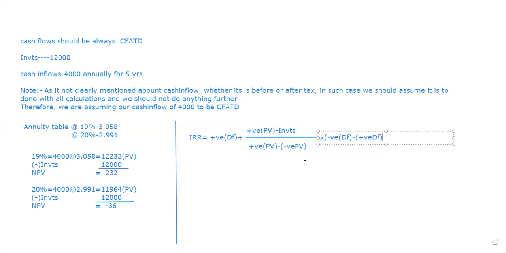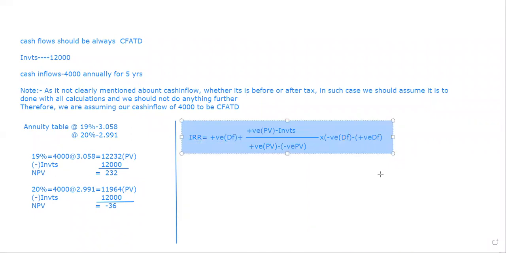So this is the formula which you need to memorize very carefully. This is a formula you need to understand very carefully and you should memorize it. So once again I will explain to you. So IRR is equal to positive discount factor. So now I'm explaining along with applying the formula.